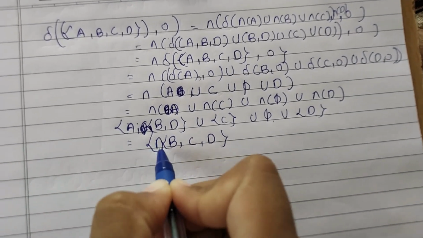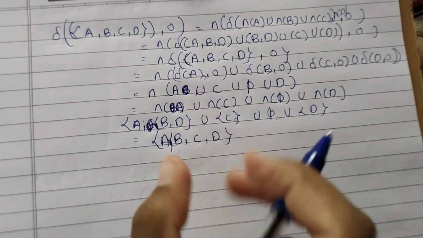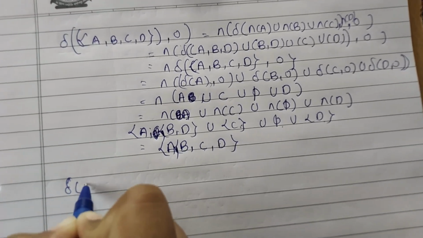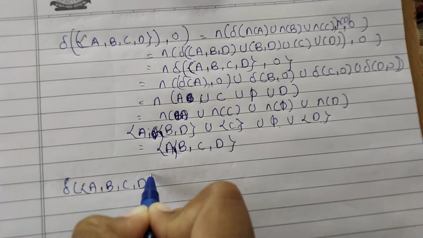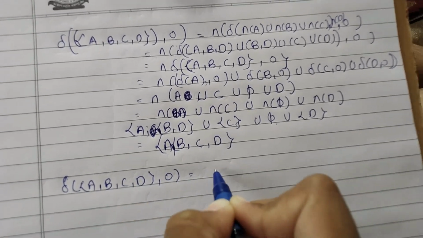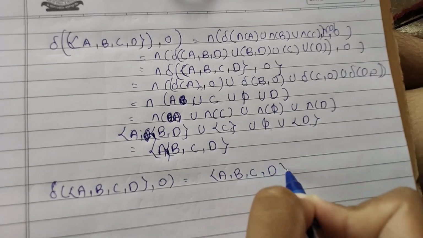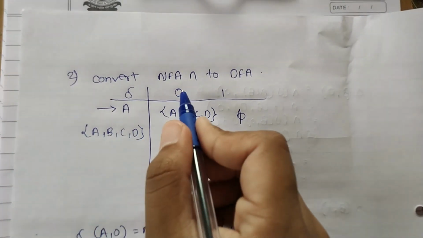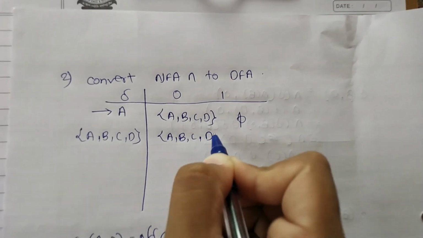When we perform it, we get A, B, D and C. So the final answer of delta of A, B, C, D comma 0 is A, B, C and D itself. So we write here A, B, C, D reads 0 in A, B, C, D itself.